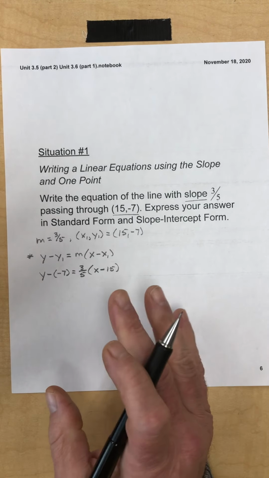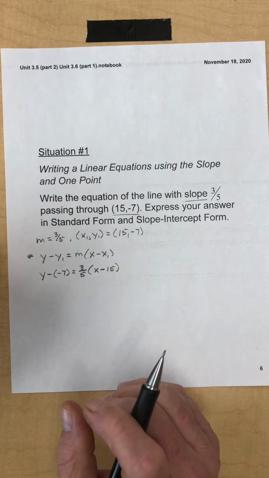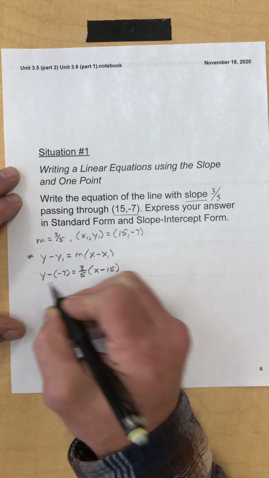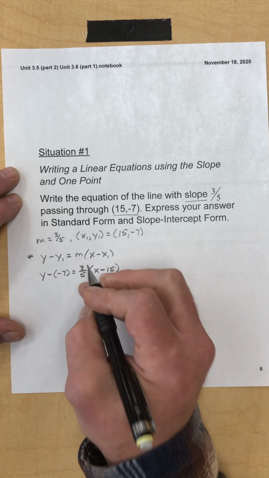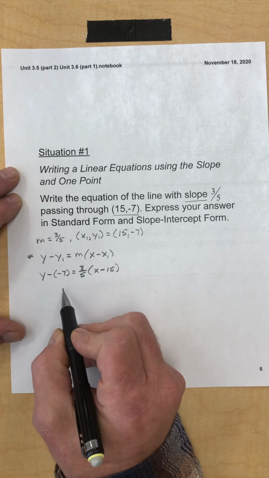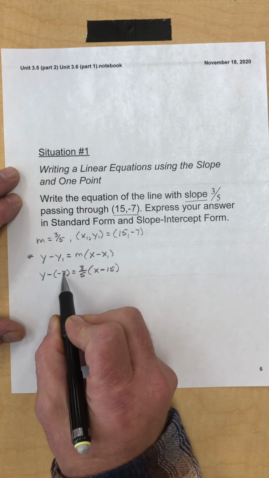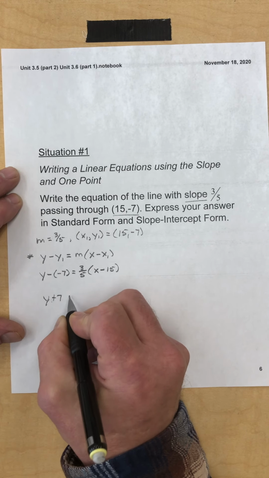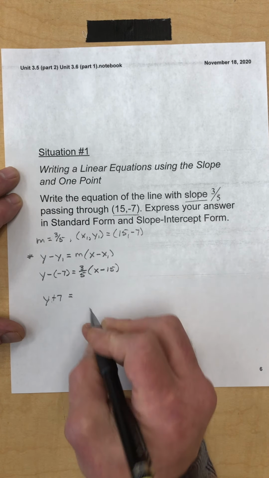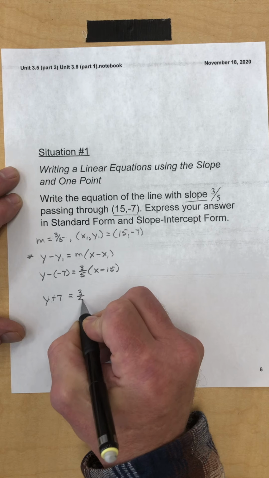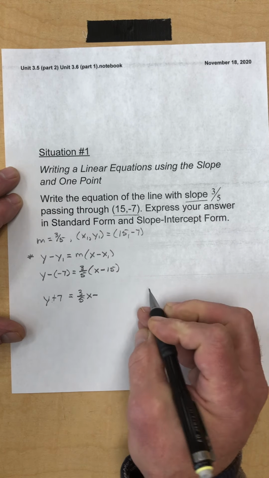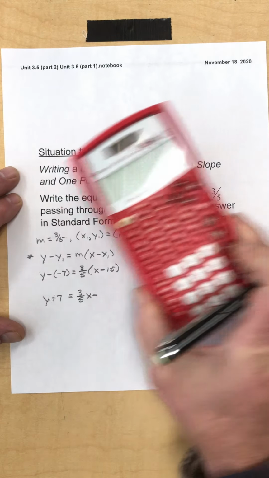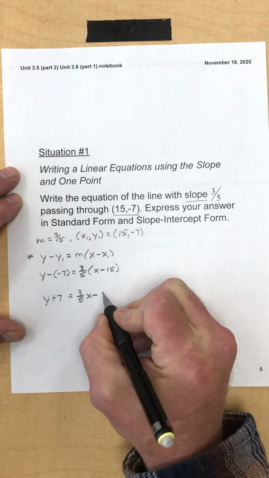And we have to come up with two equations, one in slope-intercept form and one in standard form. The first thing I always do is slope-intercept form. So I would start off here, I'd take this and change it into y plus 7. And then I would distribute the 3/5, so we get 3/5 x minus 3/5 times 15, and this is where this guy comes in handy, it will be 9.